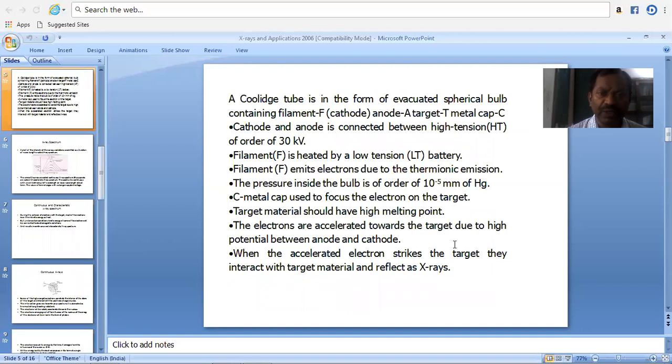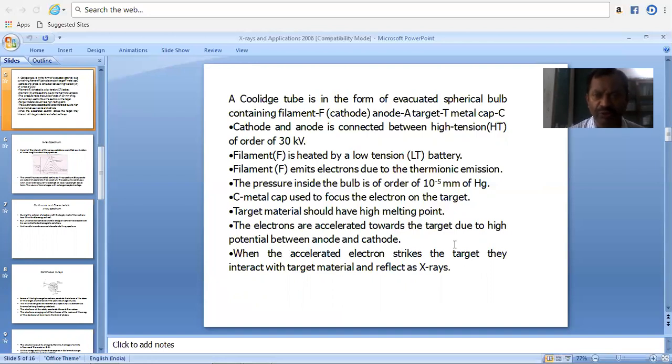Coolidge tube is in the form of an evacuated spherical bulb containing filament F, that is the cathode, and anode A, the target T, a metal, as mentioned in the diagram.